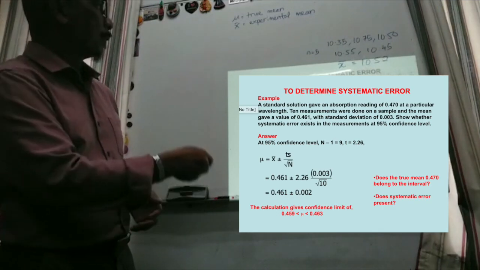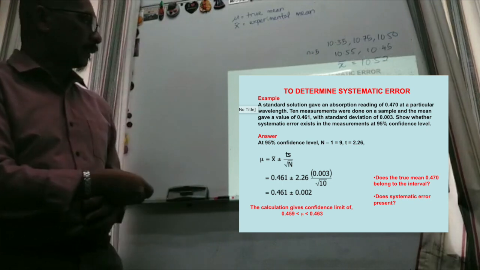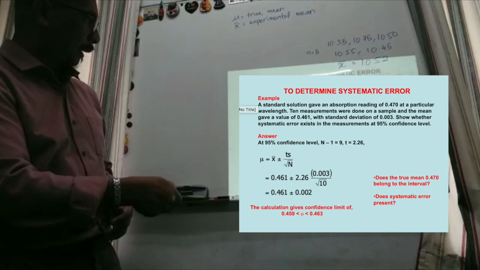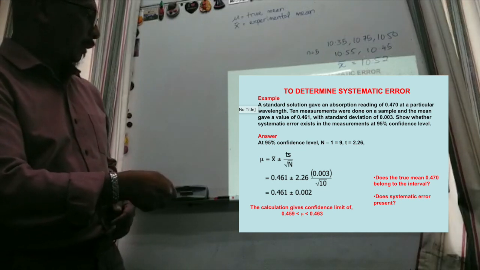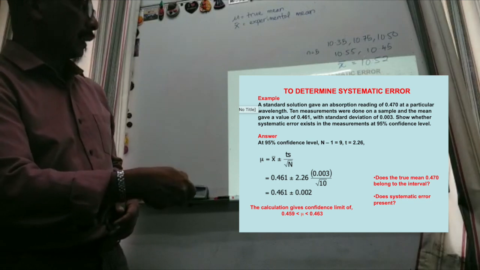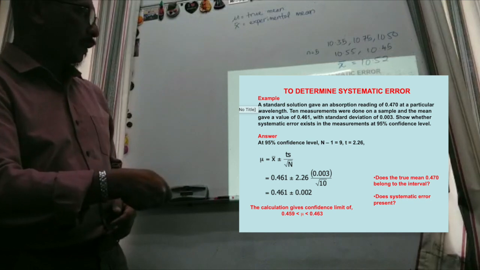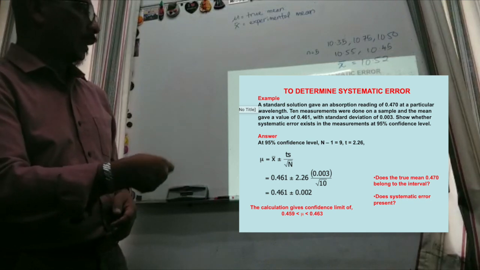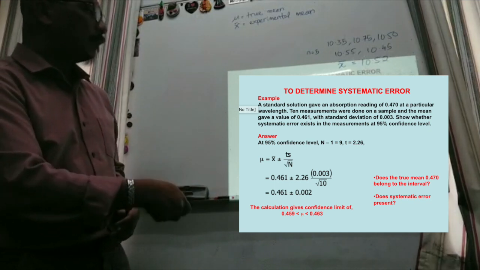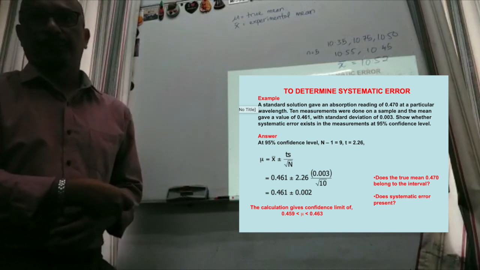And then also to determine systematic error by using the confidence interval. From the example here, the calculation gives this confidence limit. And then, does the true mean belong to the interval? If not, systematic error is present. If yes, random error is present.